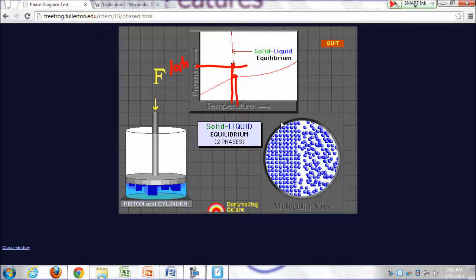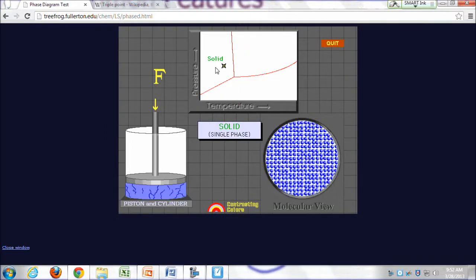If you cool it even further, then everything will turn into a solid. So this curve right here basically tells you how the melting point or the freezing point depends on the external pressure on your substance.